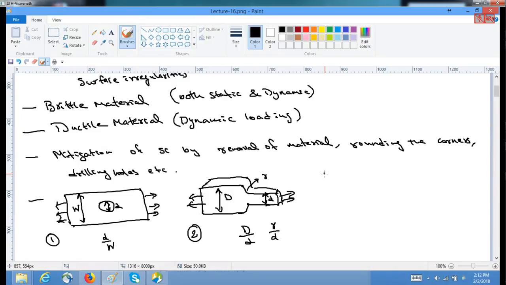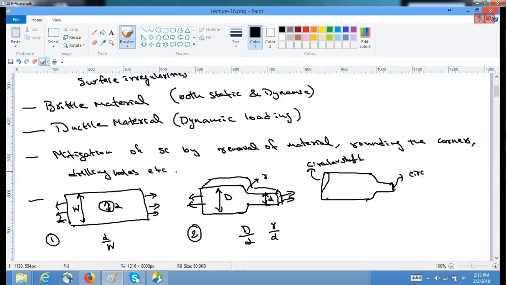Later, we took a circular shaft, and again it had an abrupt change; this is a circular cross section. It's a shaft, a circular shaft. This is also a circular shaft.